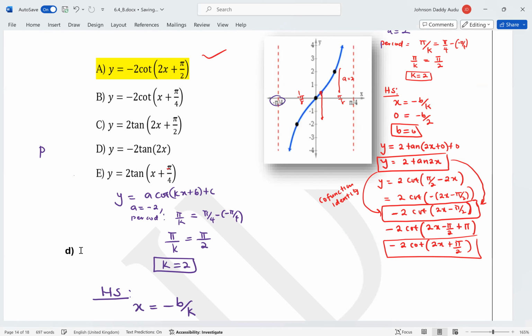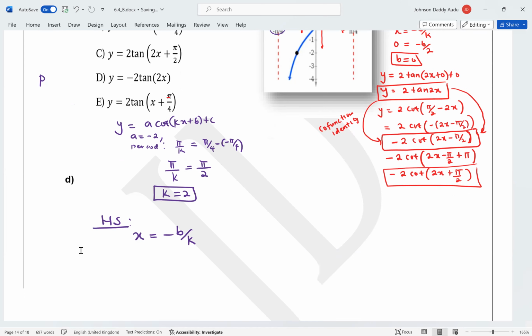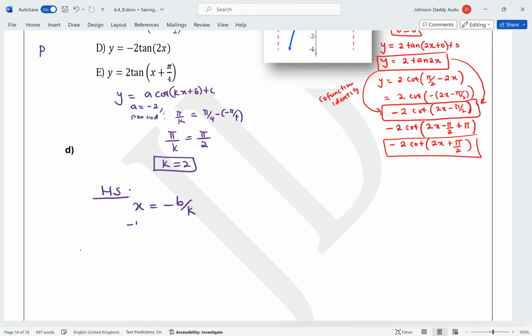That is what we are going to use, minus pi over 4. So we have minus pi over 4 equals minus b over k, which is 2. And now you see the minus will cancel minus. So b is going to be pi over 2 directly.